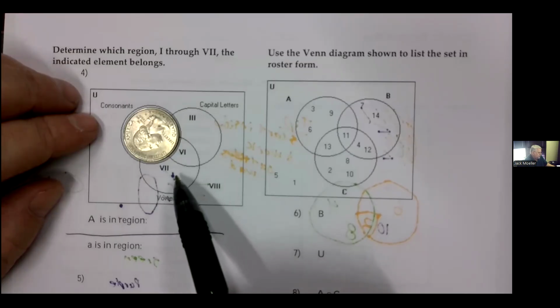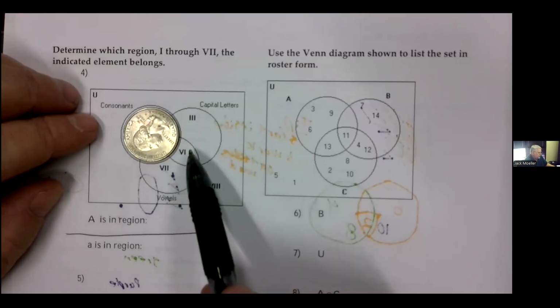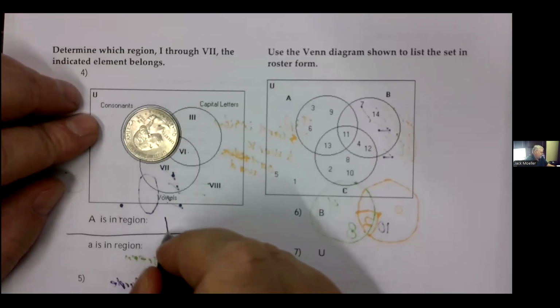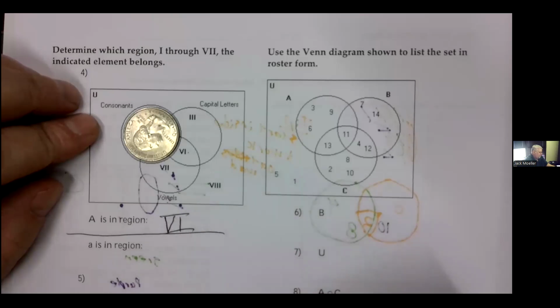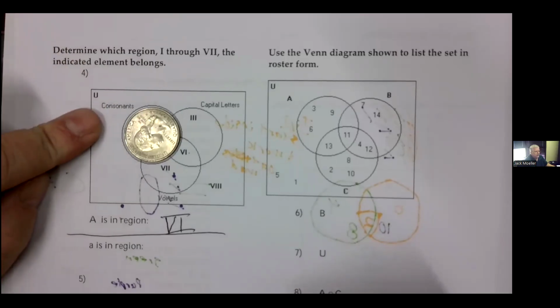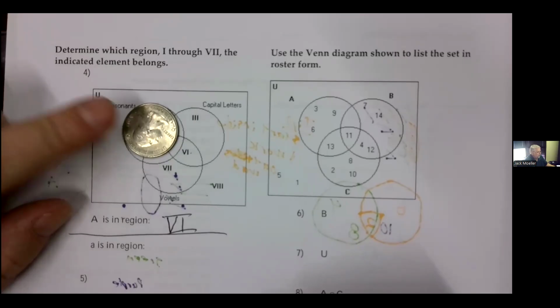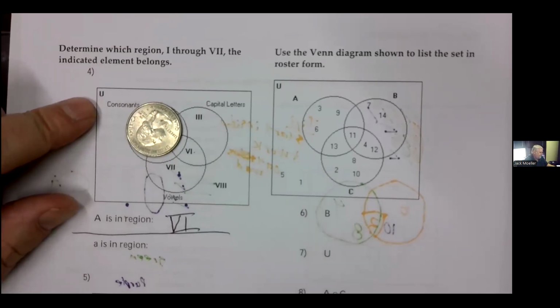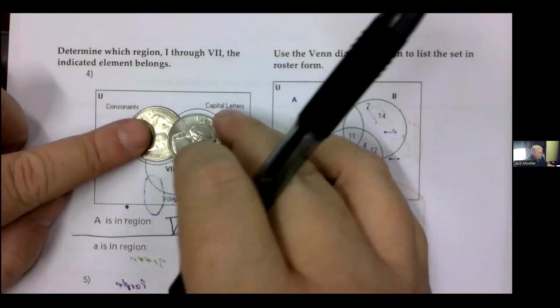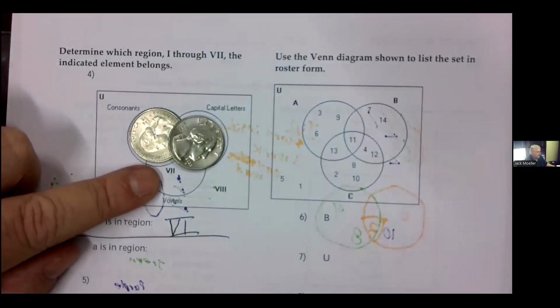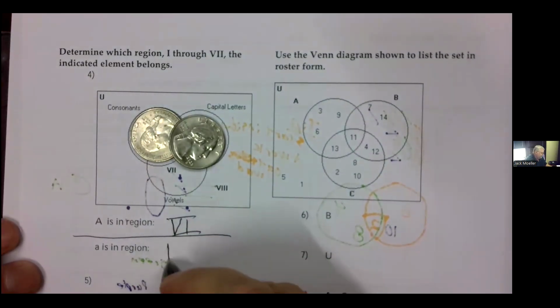So what's the only one that's both capital letters and vowels? It would be region 6. Now, lowercase a, but still not a consonant, so we're still crossing that out. It's not a capital letter, but it is a vowel, so it has to be region 7.